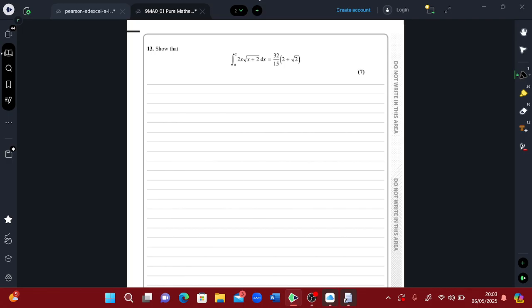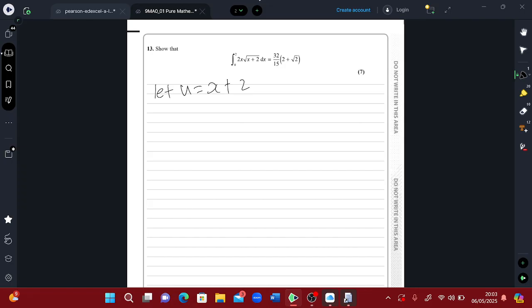Because we've got a fairly nice looking function here, just 2x, and a slightly messy one here with a square root, I think if we use a simple substitution, so let's say u is x plus 2, then we can get somewhere. If it doesn't, then we can consider alternative ways, and there might be multiple ways to do this. But I think what it's screaming at us to do is substitution.